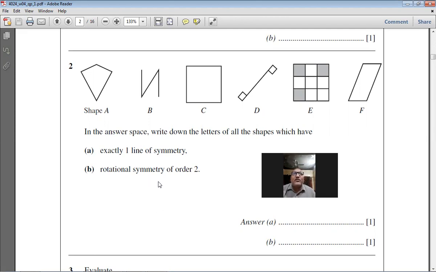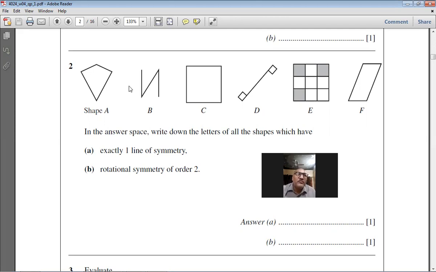Then we have the rotational symmetry of the order 2. Rotational symmetry of the order 2 means that when you rotate the body through 360 degrees, a complete rotation, how many times will the body fit on its original pattern?